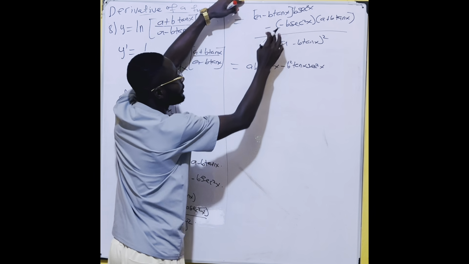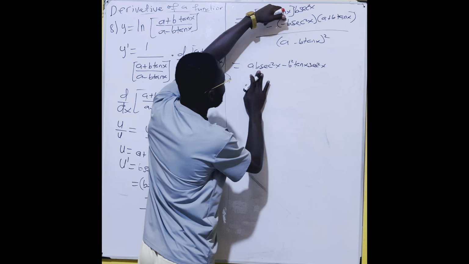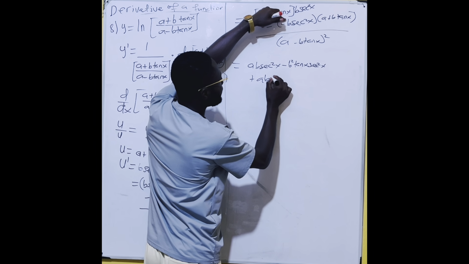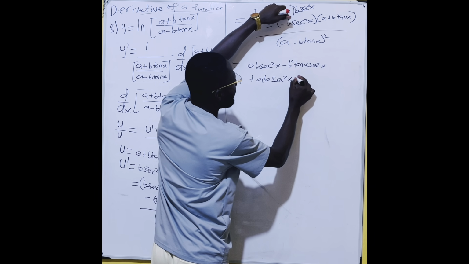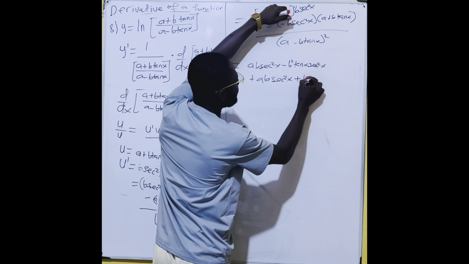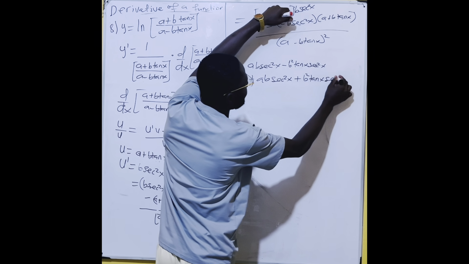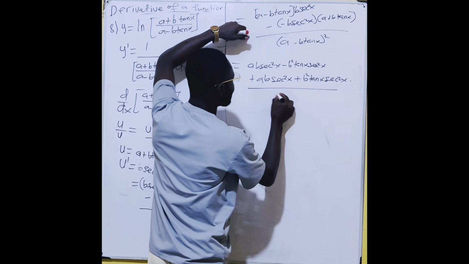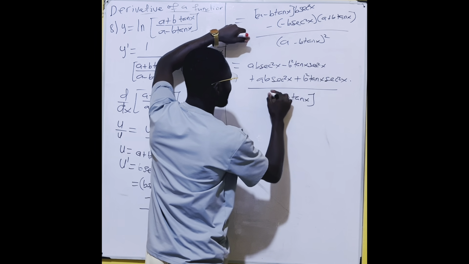Then this and this will be positive, so plus ab sec squared x plus b squared tan x sec squared x, divided by (a minus b tan x) all squared.